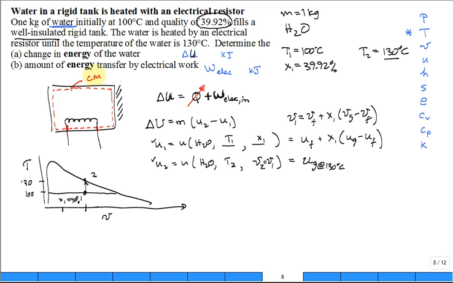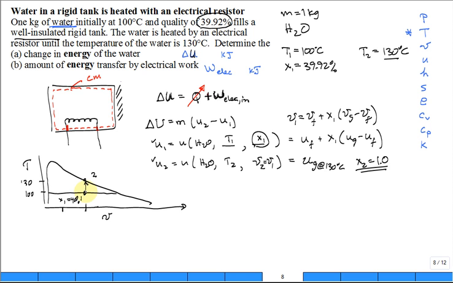So, are you ready to go to part B? Yes, sir. Didn't you use the temperature to quality, the same quality X1? No, because the quality at 2 is 100%. It went from 40% quality to 100% quality. It's now saturated vapor.